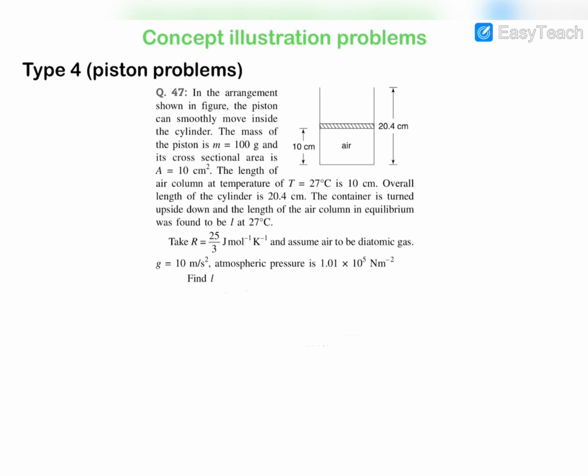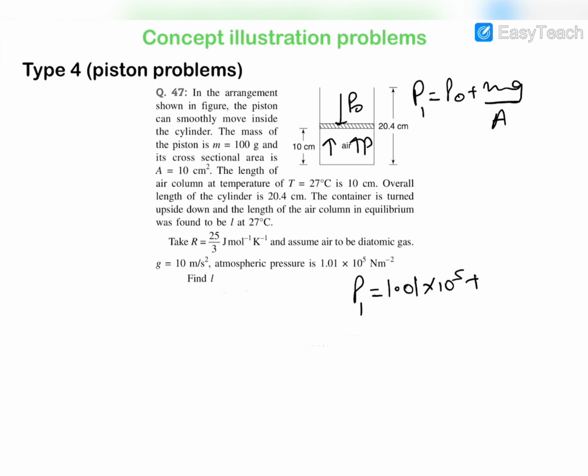Now we have to find out the new length of the air column, assuming that air is a diatomic gas. Now we know that initially the pressure acting from the top is P naught, and the pressure of the air is P. So P will be balancing out P naught plus mg upon area. So initially P1 is P naught, which is 1.01 into 10 raised to power 5, plus mg upon area.